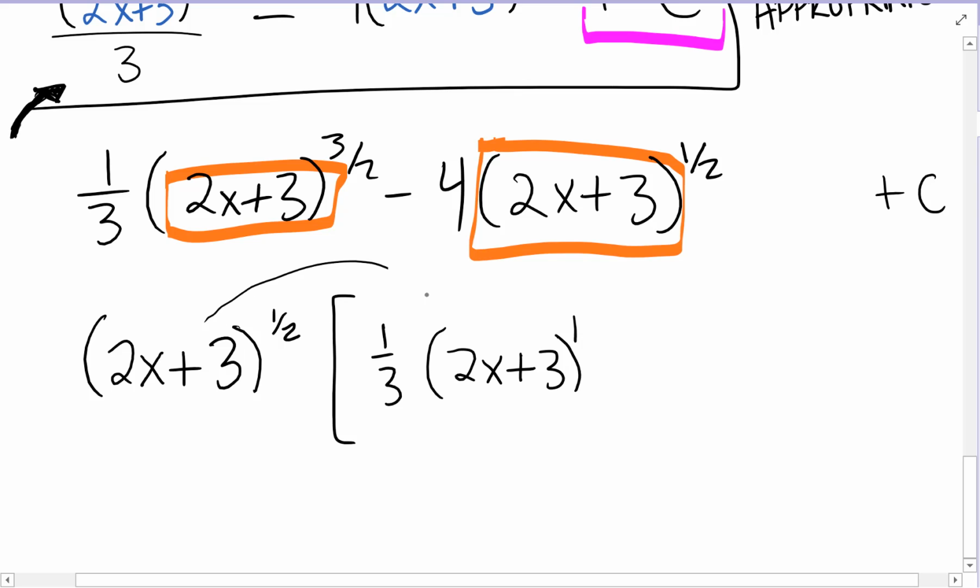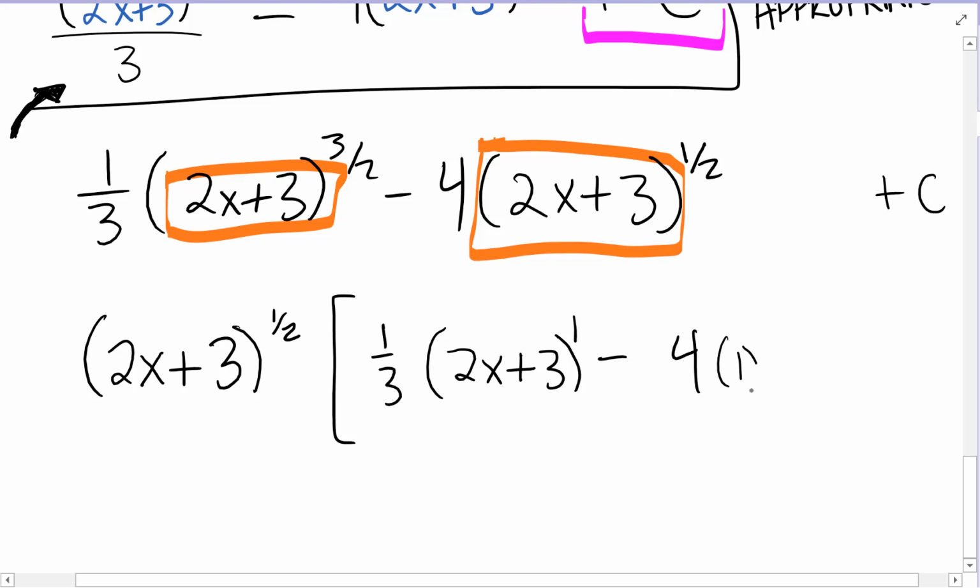All right, now if I distributed that, I would get 1/3, 2x plus 3 to the 1/2 plus 1 is 3/2. That's a way we can check that. Minus 4 times 2x plus 3 to the 1/2. Oh, that's just 1, right?